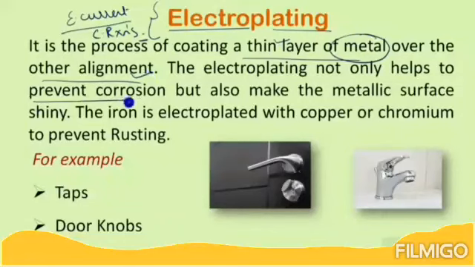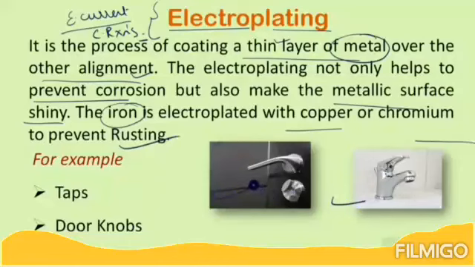A thin layer of metal is placed over the inferior metal. It helps to prevent corrosion. Like iron is electroplated with copper or chromium to prevent rusting. For example, taps and doorknobs are electroplated with chromium or copper.